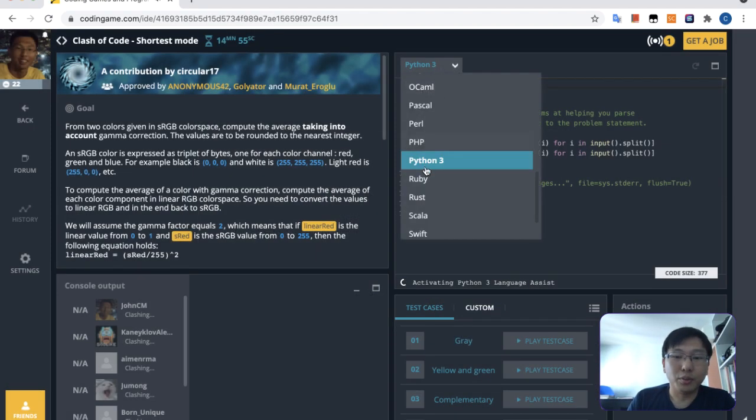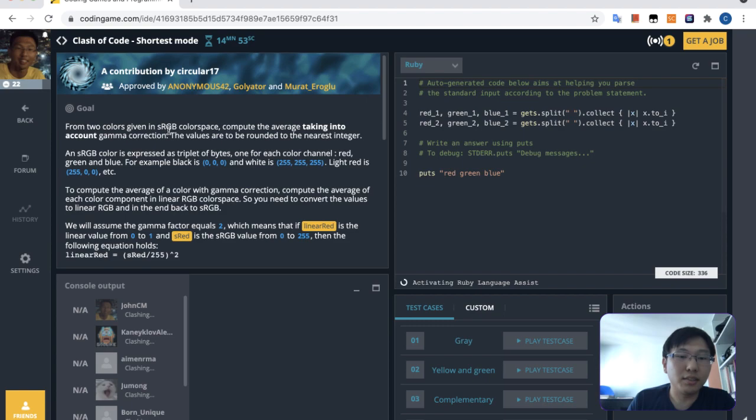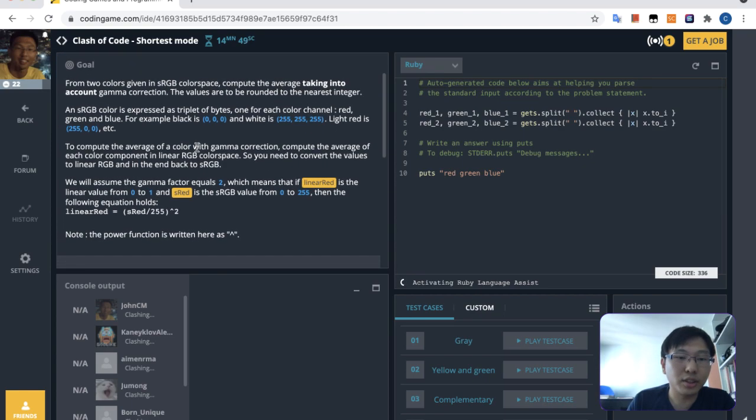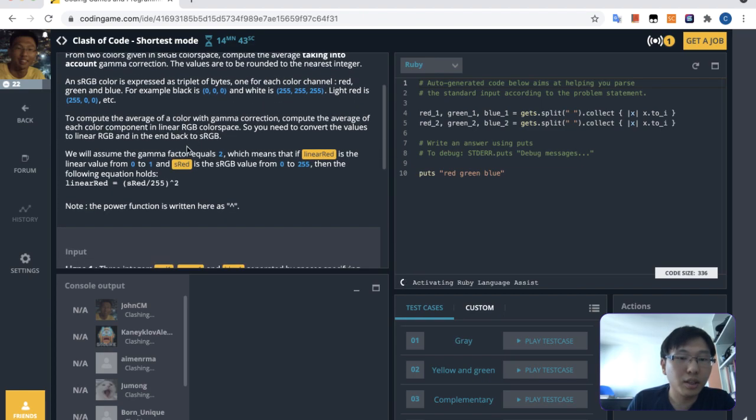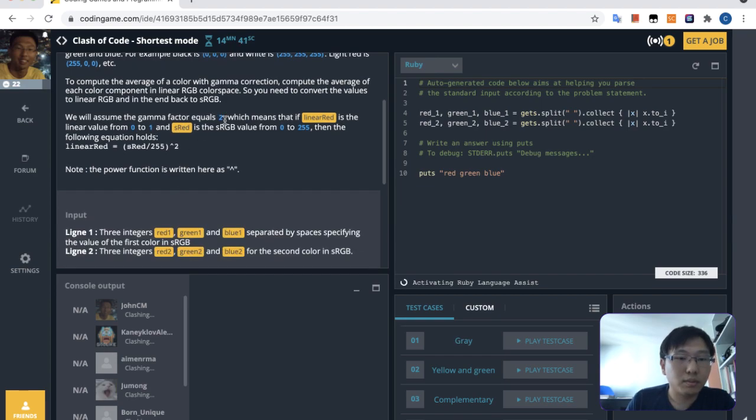Shortest mode, so it'll be in Ruby. From two colors given in RGB, compute the average taking into account gamma correction. X is 0, 0, 0 and Y is 255, 255, 255. Okay. Gamma factor is 2. I never used gamma factor before. S rate divided by 255 squared.